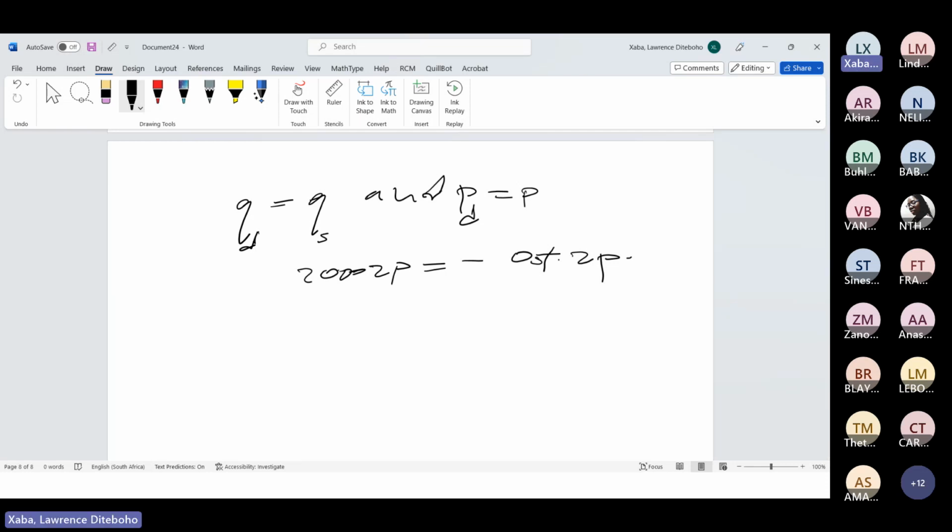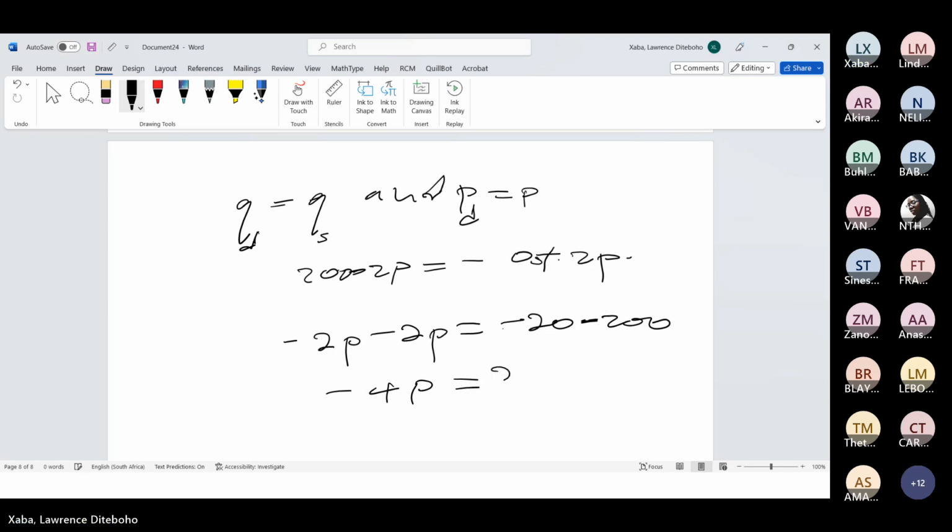So we group the like terms. When we group the like terms, we have negative 2P minus 2P again equals, this side we have negative 20, negative 200. Then we end up having negative 4P equals negative 220.